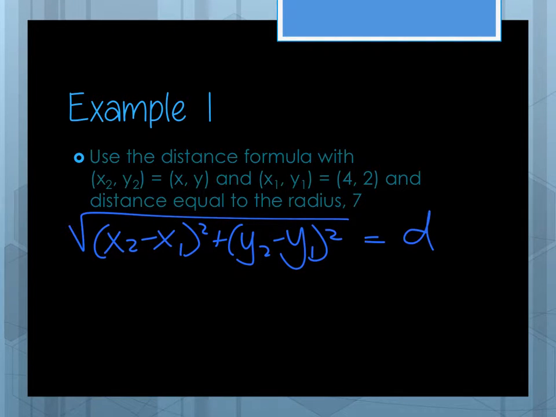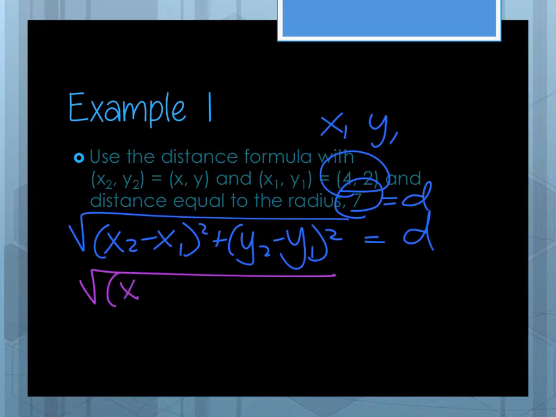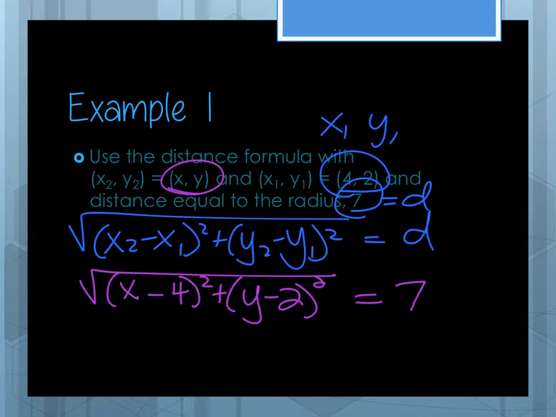And it wants you to use this point as your x1, y1, and it wants you to use the radius as the distance. So I get the square root of, and use x and y as your 2's. So x minus 4 squared plus y minus 2 squared equals 7.